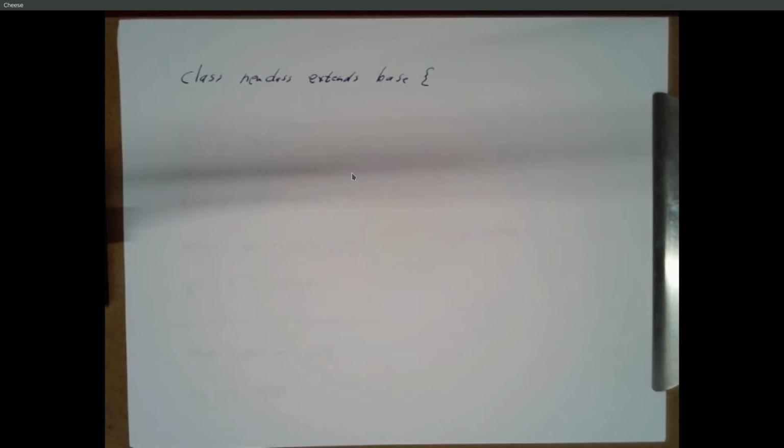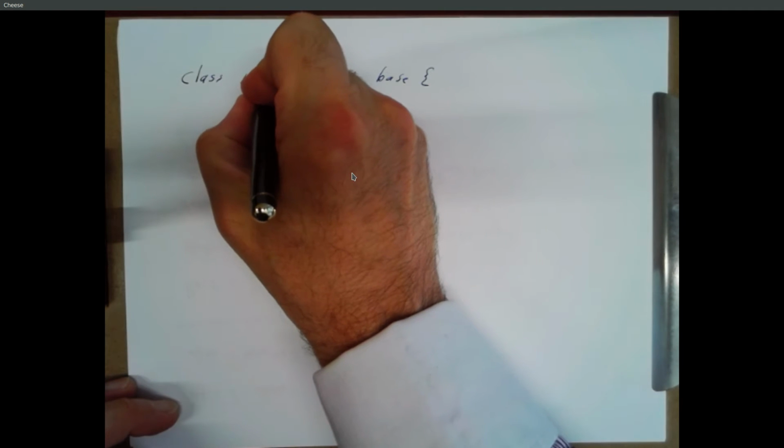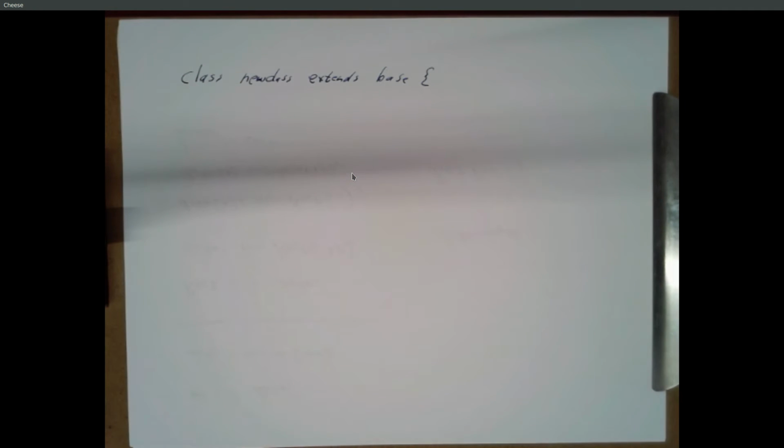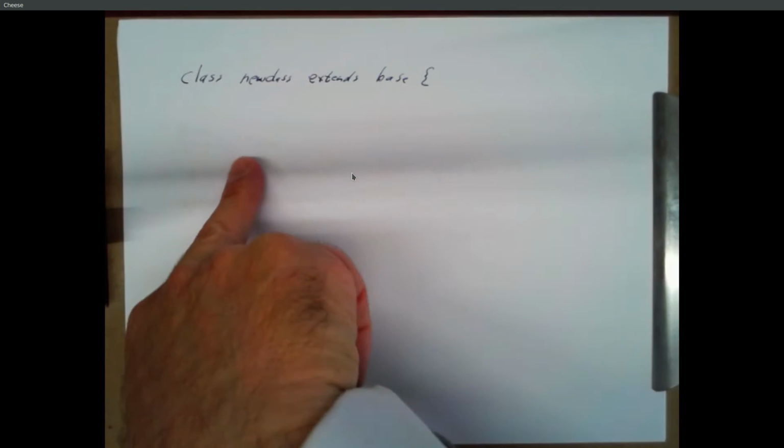So here's a base class called base, here's a new class called new class, and new class can get to any methods defined inside base. And we don't have to do anything special.